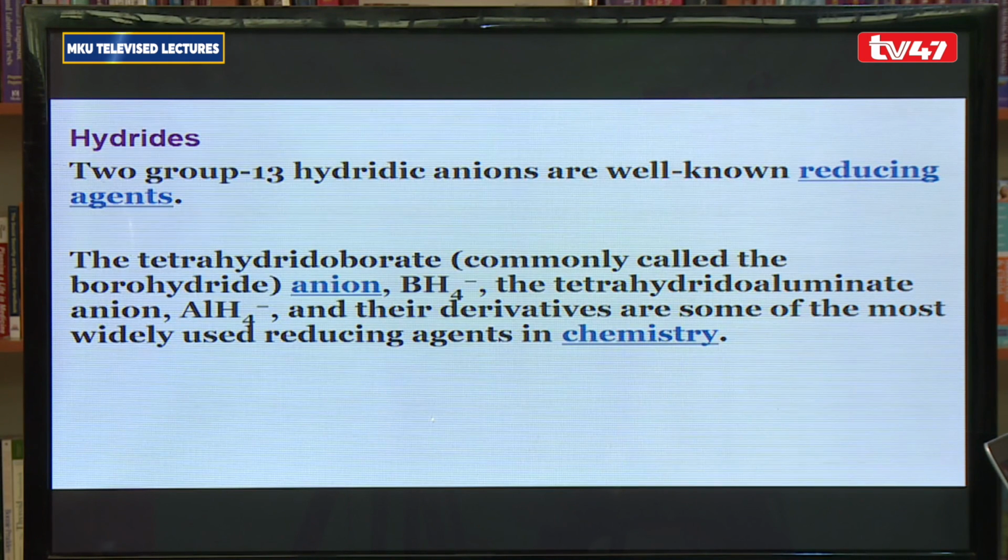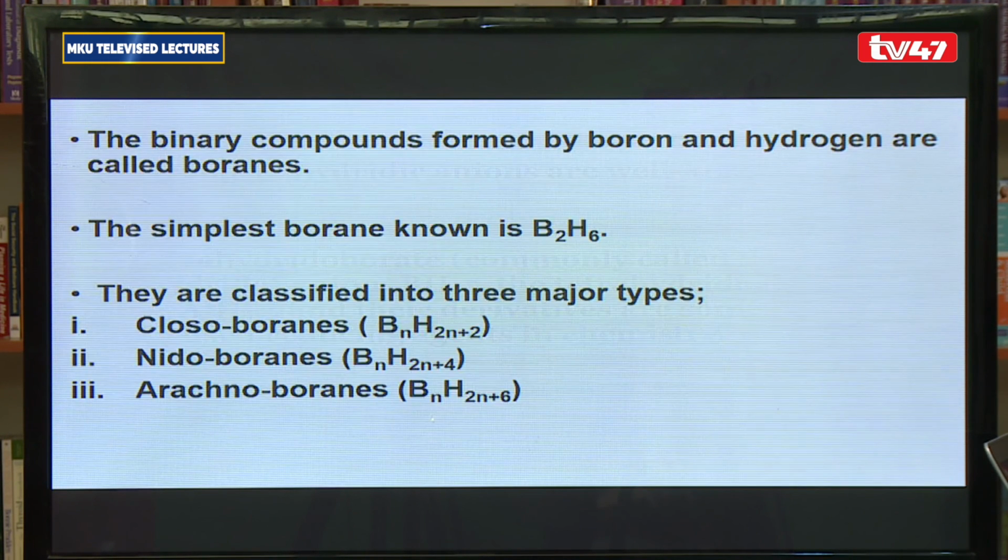The same case with borohydride. If you react boron chloride plus lithium hydride, then you're able to form lithium borohydride, which again is used in organic synthesis as a reducing agent. Now, the boron hydrides are extensively used as reducing agents, and binary compounds between boron and hydrogen are called boranes.